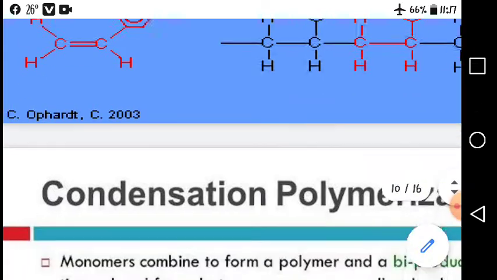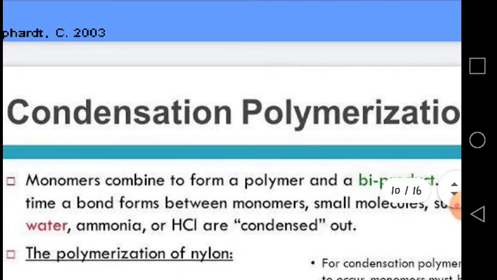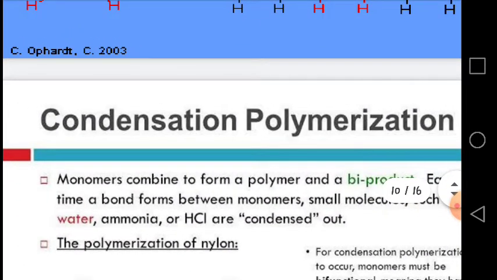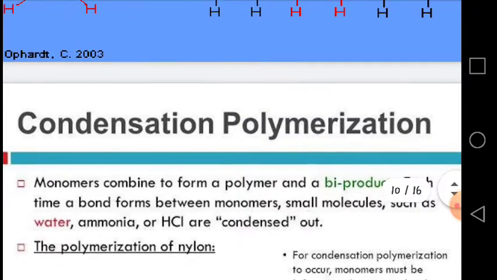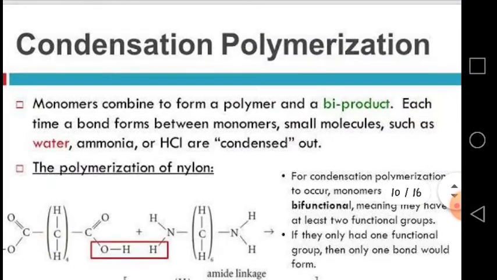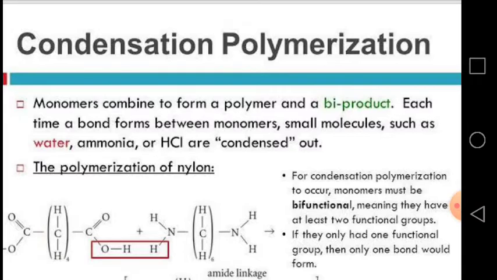Now we are moving towards condensation polymerization. Condensation polymerization is another way to combine the monomers with each other.